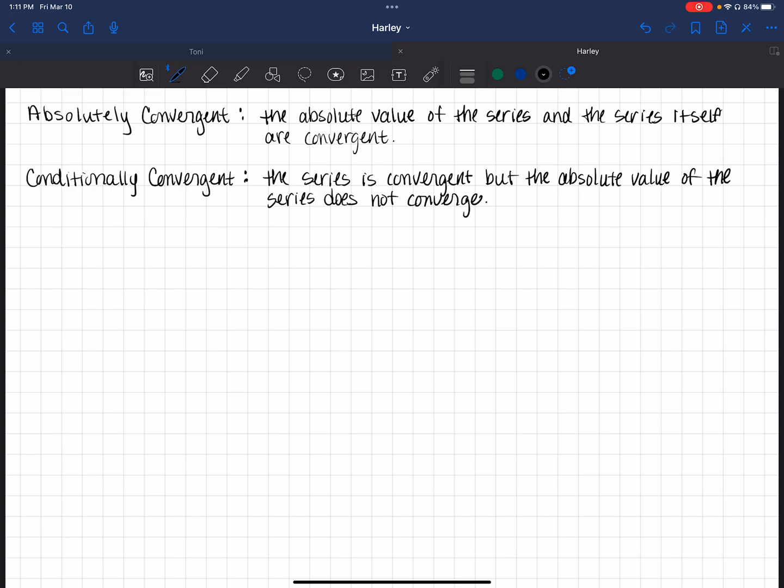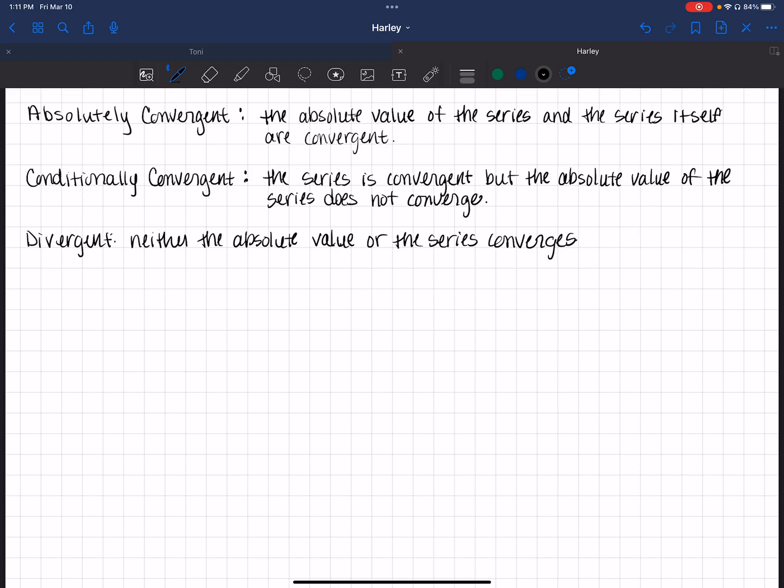And then of course, if something is divergent, we know that neither the absolute value nor the series converges.